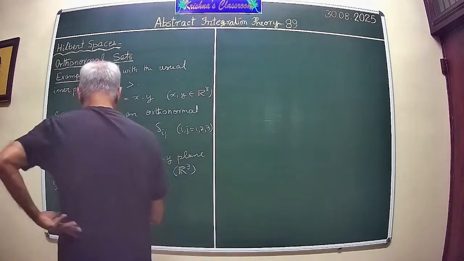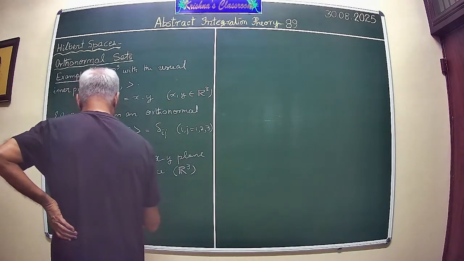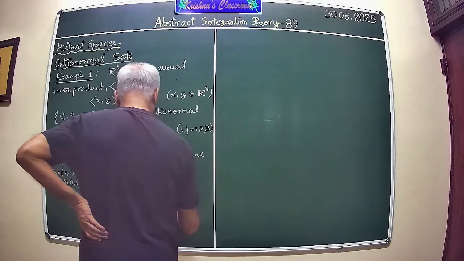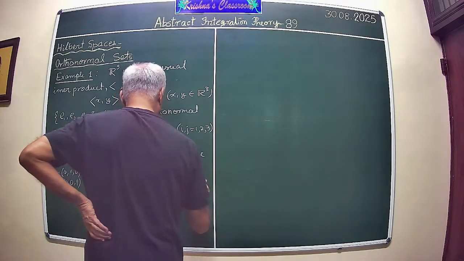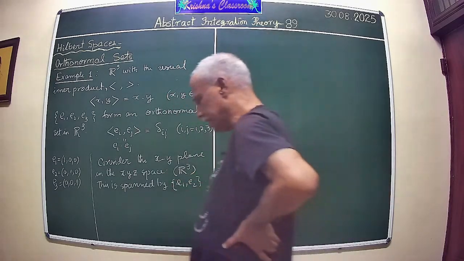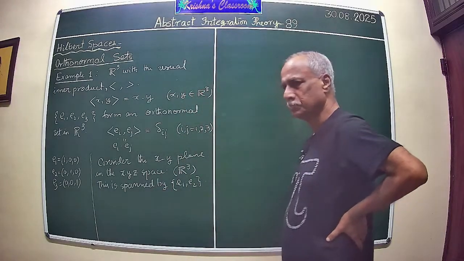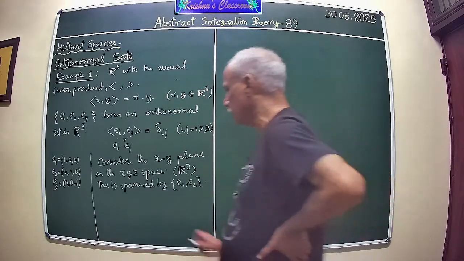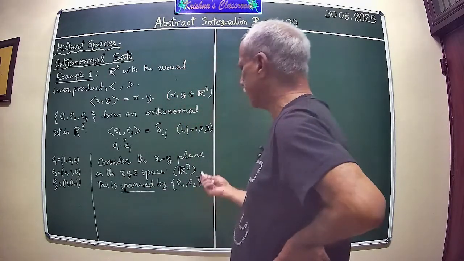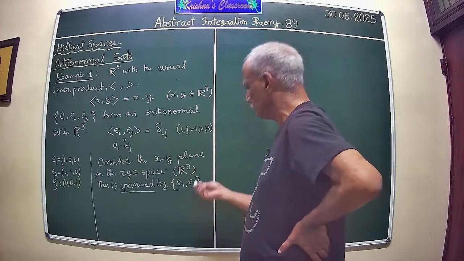Then you see that this is spanned by E1 and E2, that is, every vector in the xy plane is a linear combination of E1 and E2. That is what we mean by the span of E1 and E2. That takes care of all vectors in the xy plane.